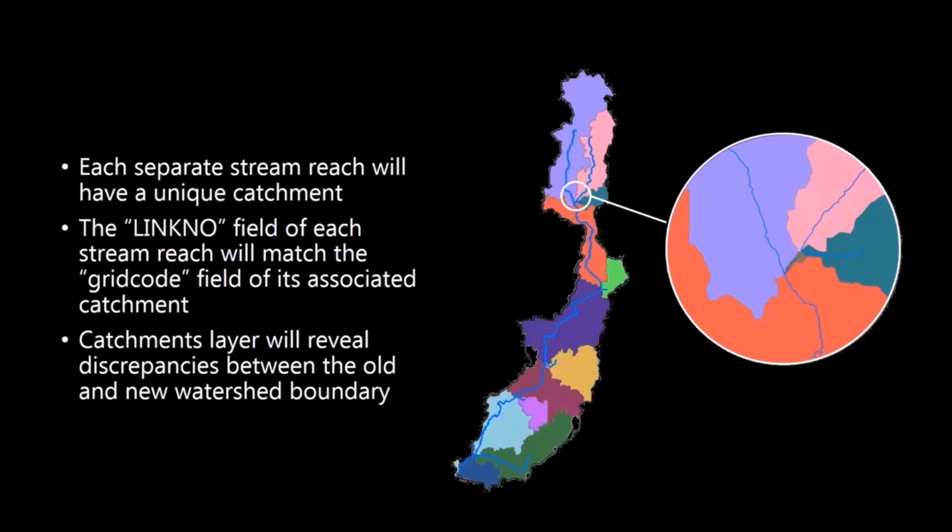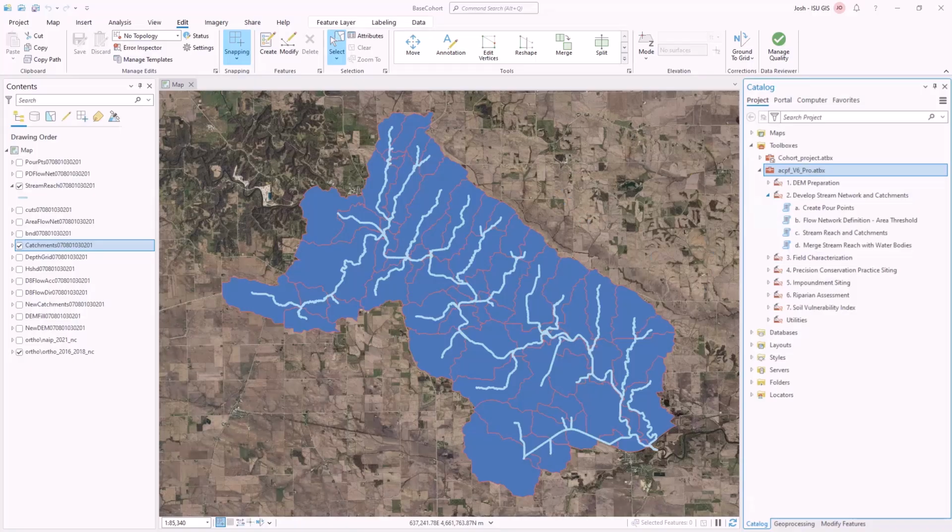Since each individual segment gets its own catchment, we can obtain strange, small, little catchments that are in between segments. That is perfectly fine, as that is the actual drainage area for the particular segment. The catchments layer is valuable because it can reveal discrepancies between the old and new watershed boundaries, which we'll see in a moment. The Stream Reach and Catchments tool has finished running.